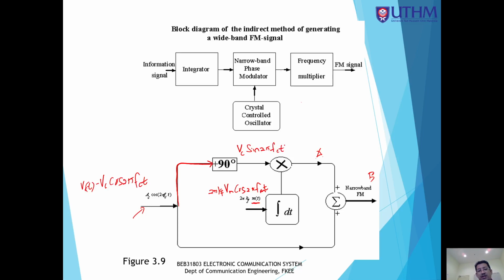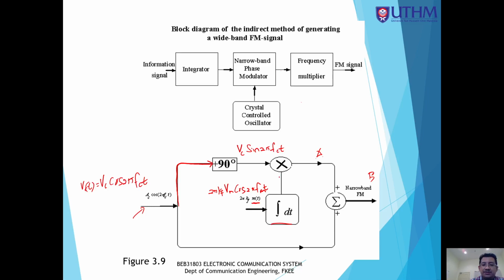So a 90-degree phase shift of cosine will produce sine. And you see that here is the integral process of the input message. So that means you will get the integral of cos, you will get positive sine.